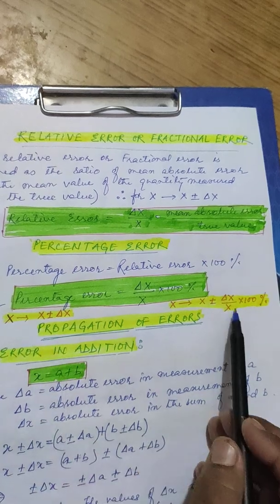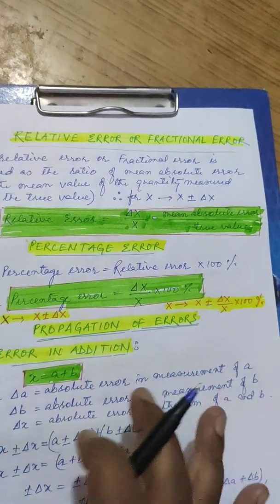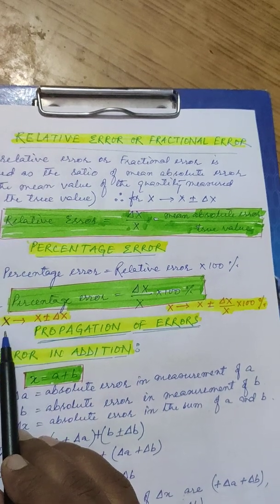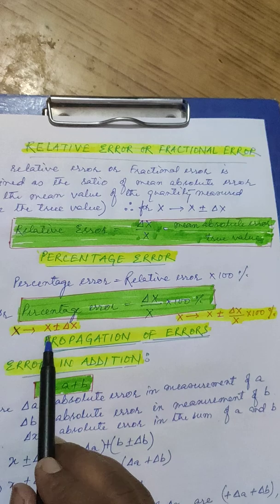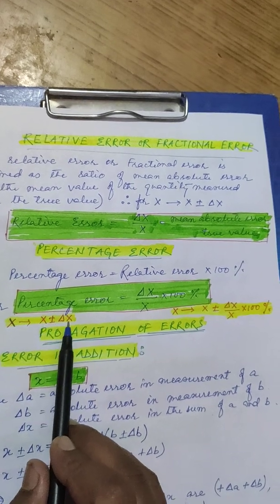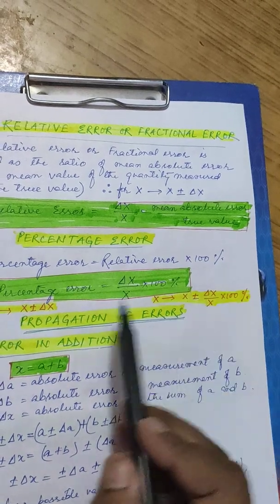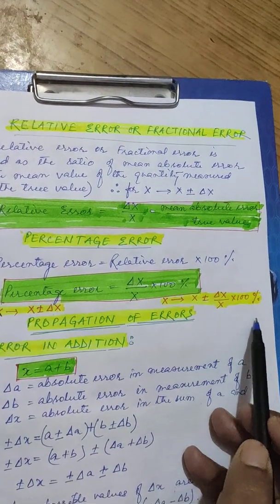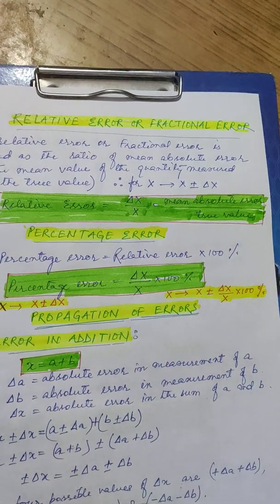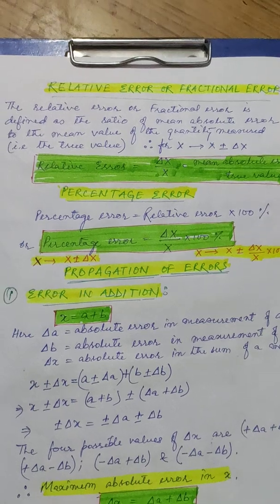Okay, I hope this is clear. I will take the examples also later on before starting with the numericals, but you see here the two different ways in which a physical quantity is represented: true value plus minus the error, or true value plus minus the relative error. That means in terms of error or in terms of percentage error, we can have two different ways in which a physical quantity can be represented.